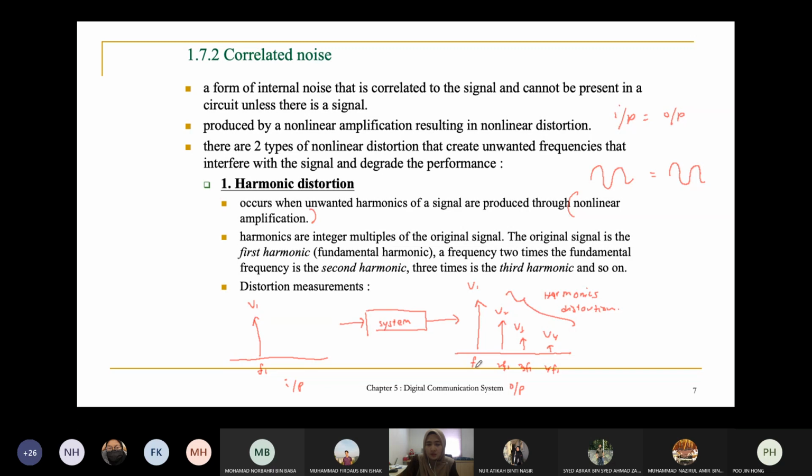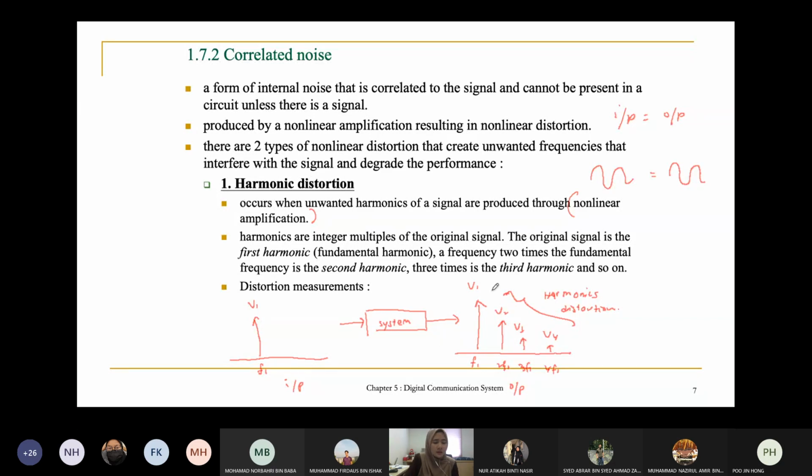That's why you can see that this is F1, this is 2F1, 3F1 and 4F1. This is what we call the correlated noise, V2, V3 and V4. We don't want this. The original signal is V1 only.